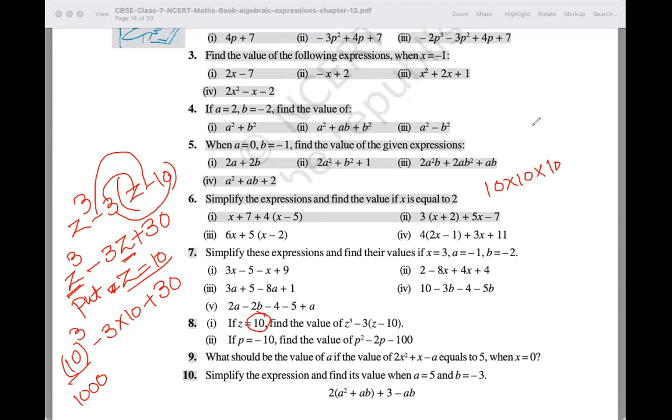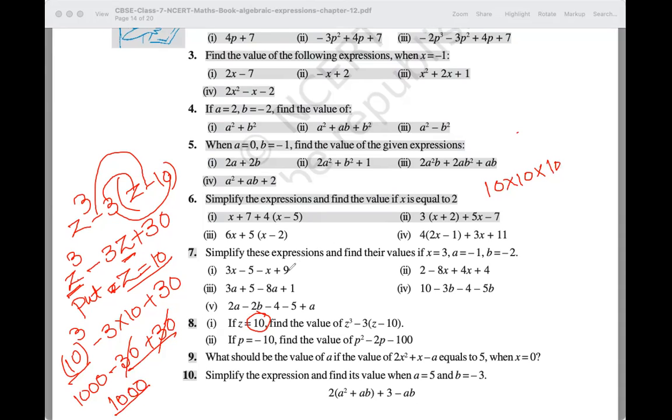So this gives 1000, minus 30 and plus 30. Minus 30 plus 30 gets cancelled. 30 minus 30 is 0. So what is the answer now? Only 1000.